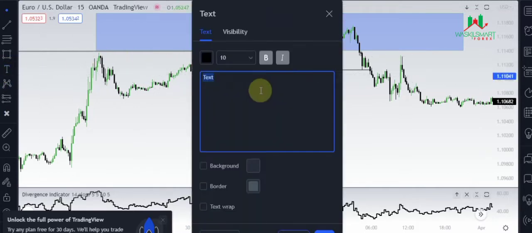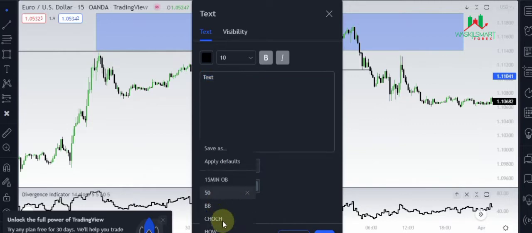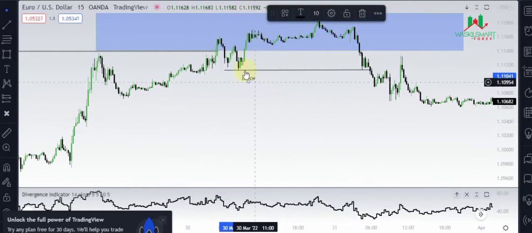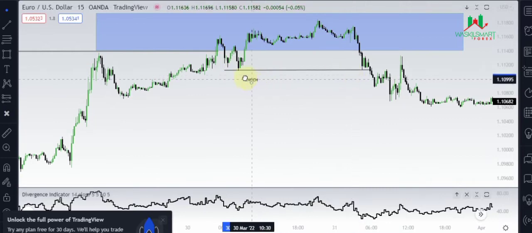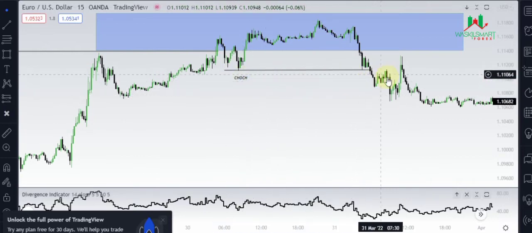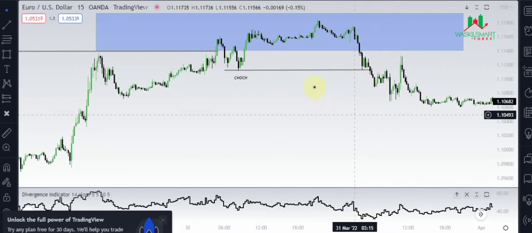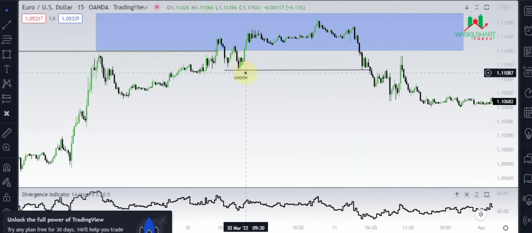So from here I just put it here. Now there's a change of character at this point here. Change of character has occurred because here the market breaks down. If the market wants to go up, the market should not have broken this low here. Hope you understand.